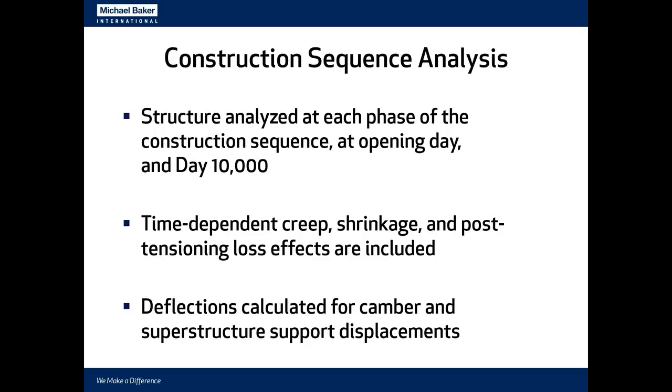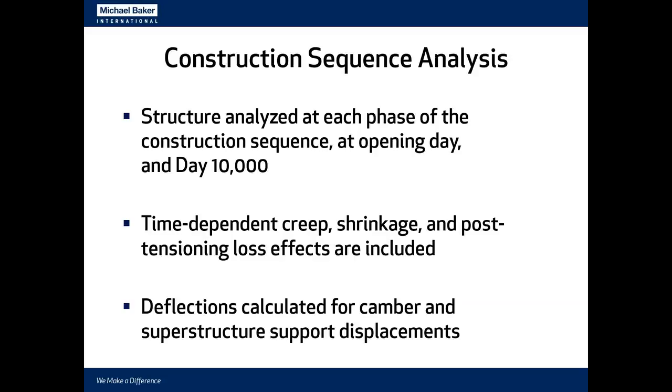And since this bridge is made out of precast segments, which are sequentially erected and post-tensioned, to get the final state of stresses in the arch rib and to get deformations, and for geometry control, we knew that we needed to include time-dependent creep, shrinkage, and post-tensioning loss effects in our modeling, which we did.